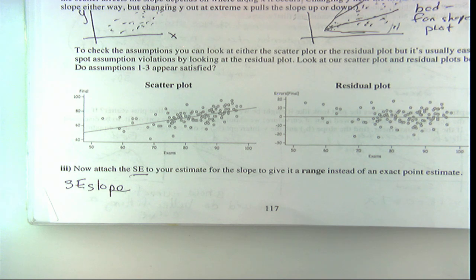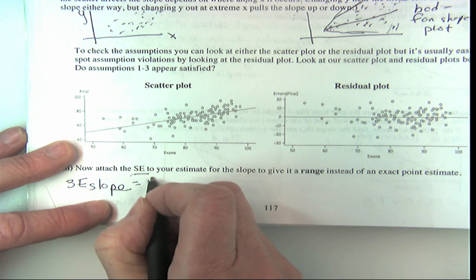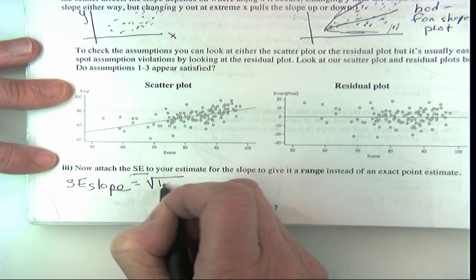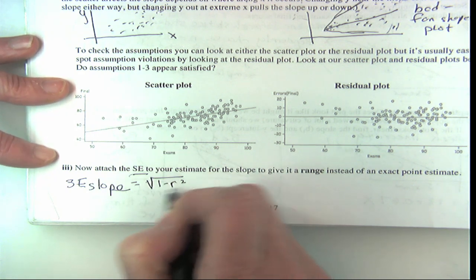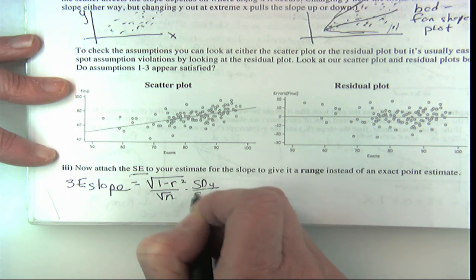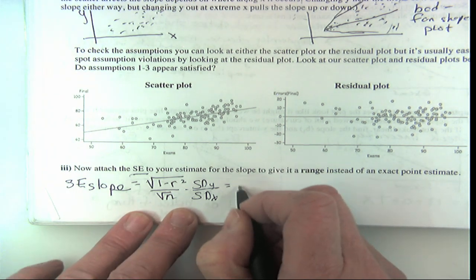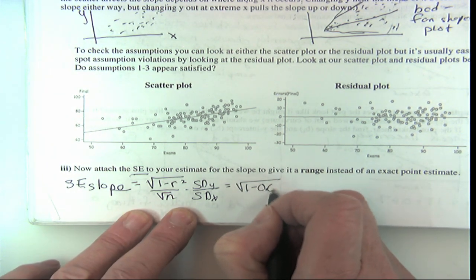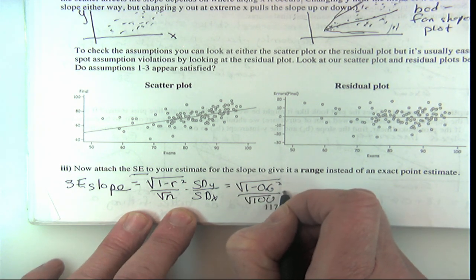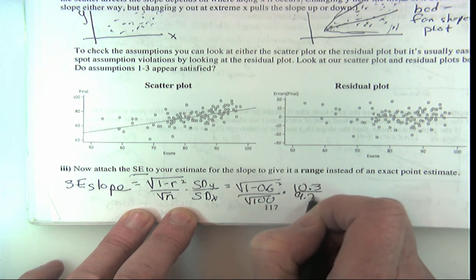So let's do that. The standard error of the slope is the square root of 1 minus r squared over the square root of n, times s_y over s_x. When I did that, I got the square root of 1 minus 0.6 squared over the square root of 100, times 10.3 over 9.2.